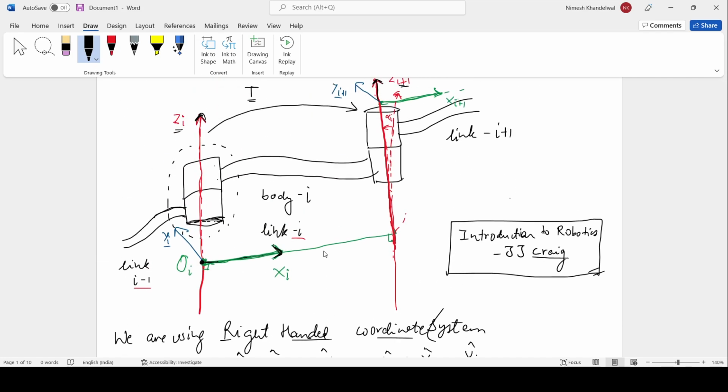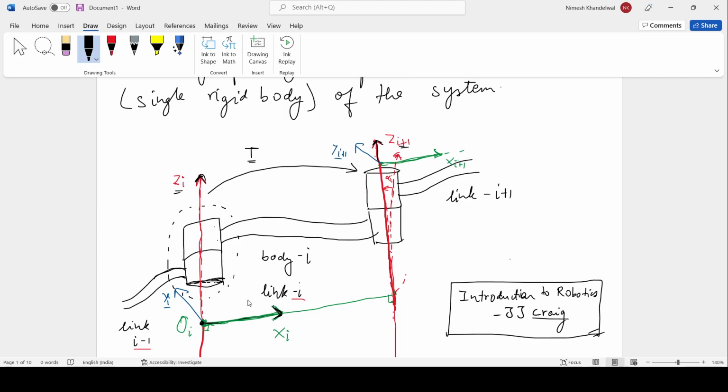Once the frame I is rotated about the axis xi, the z axes of both the frames are now aligned, parallel to each other.